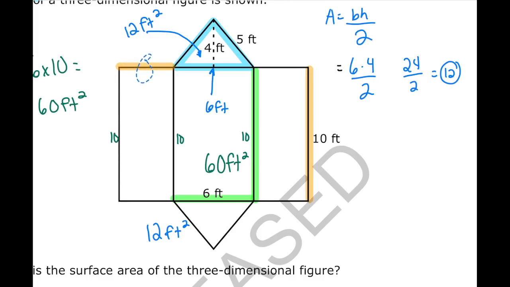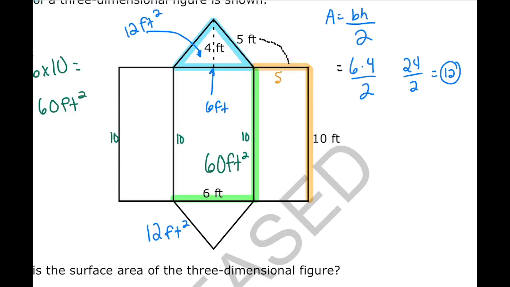So we have to kind of think, if I were to fold this back together, what other line segment would match this? And hopefully you can see that if we bring this back together, that these two line segments right here would correspond with each other. So this would come together to touch this, which means if this is 5, the length of this is 5.